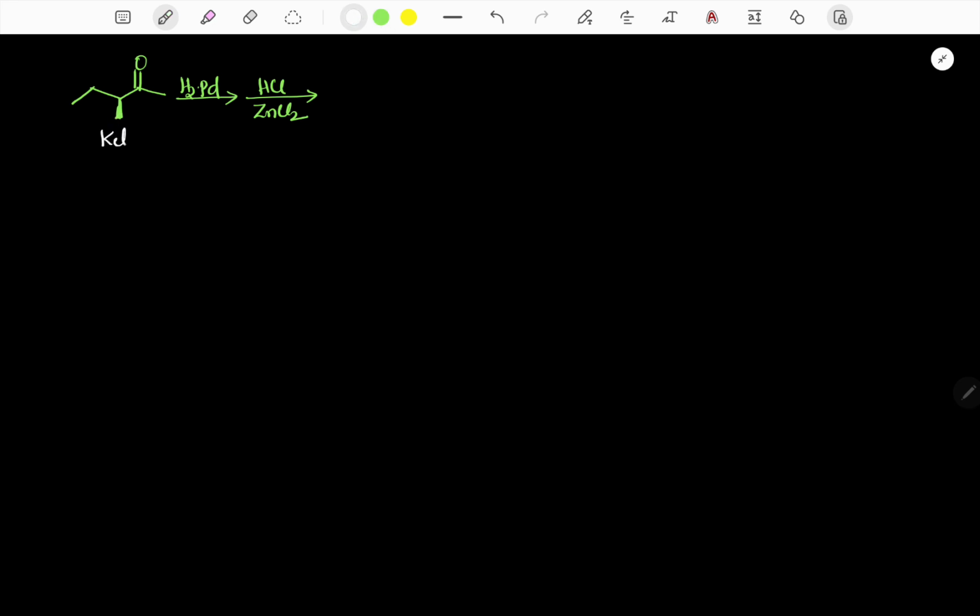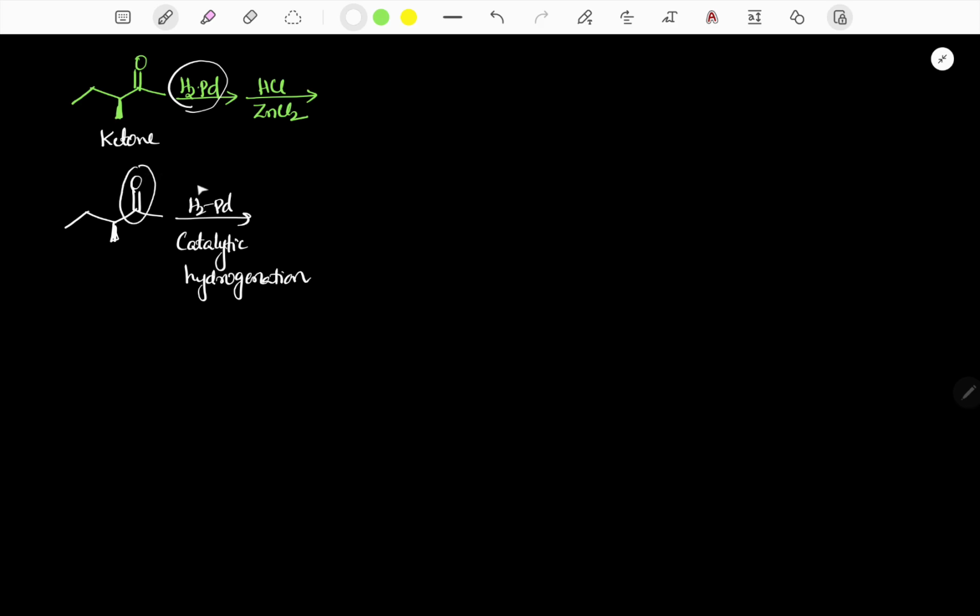It is a ketone treated with H2/Pd. When a ketone is treated with H2/Pd, this reaction is catalytic hydrogenation. So in catalytic hydrogenation, H2 will approach the ketone from above the plane or from below the plane.